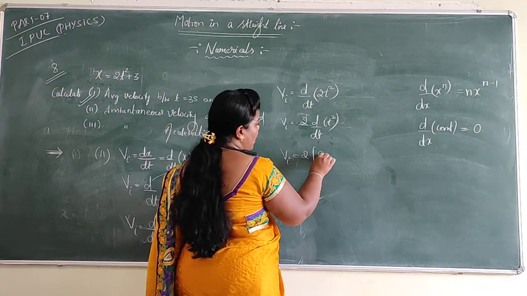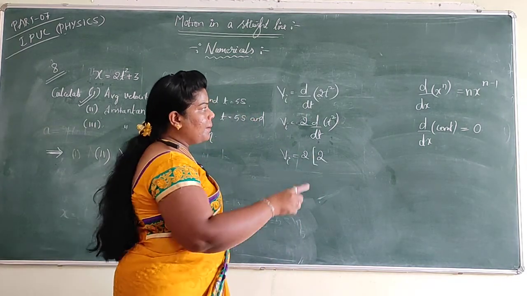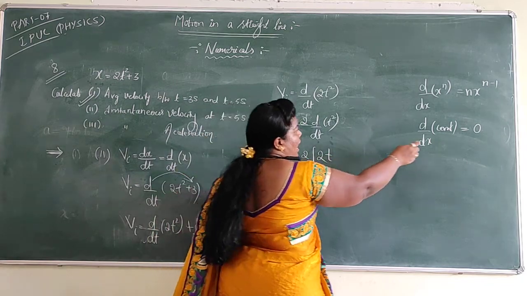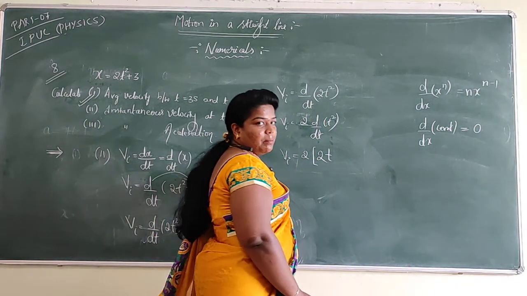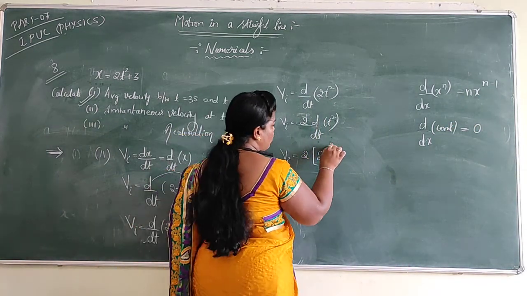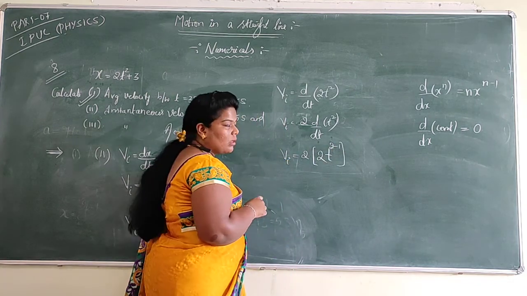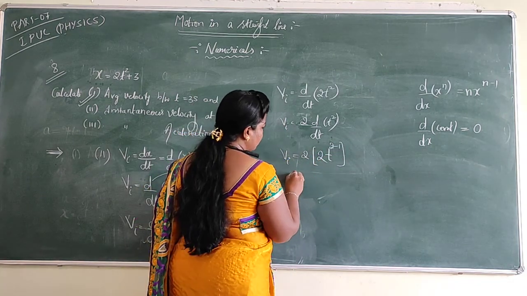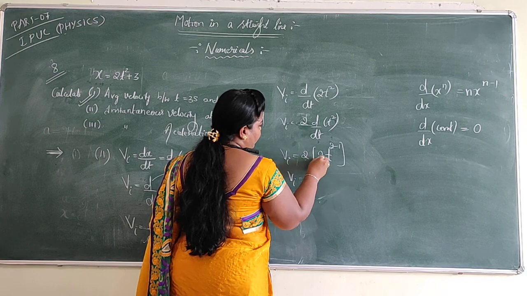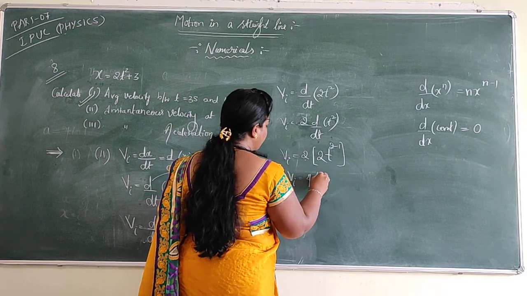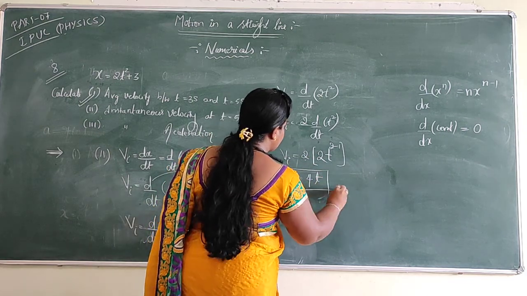In place of n we have 2, in place of x we have t, and n minus 1 is 2 minus 1, which is 1. So 2 into 2 is 4, into t. We got this equation.